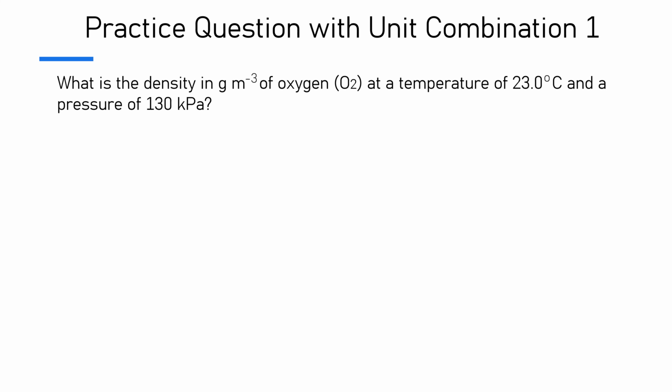Therefore, for the molar mass of oxygen, we have 16.0, the relative atomic mass, times 2, and we are given an answer of 32.0 grams per mole as the molar mass of oxygen.